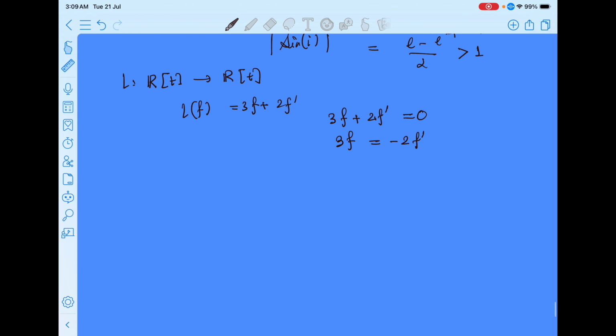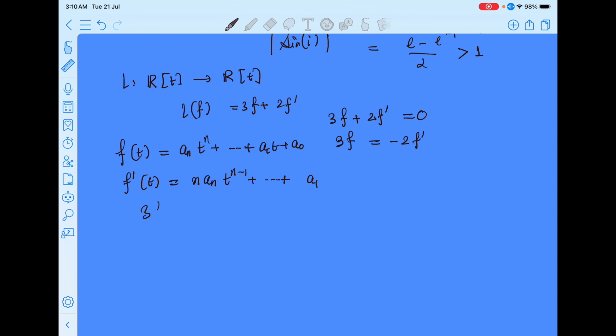So the point is that if you choose a polynomial, let's say f(t) = a_n t^n + ... + a_0, then f'(t) will be n a_n t^(n-1) + ... + a_1, if you write it as a_1 t + a_0.